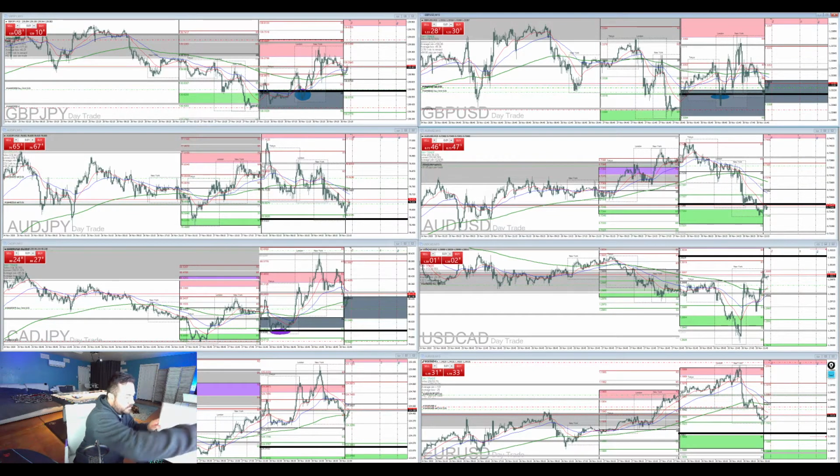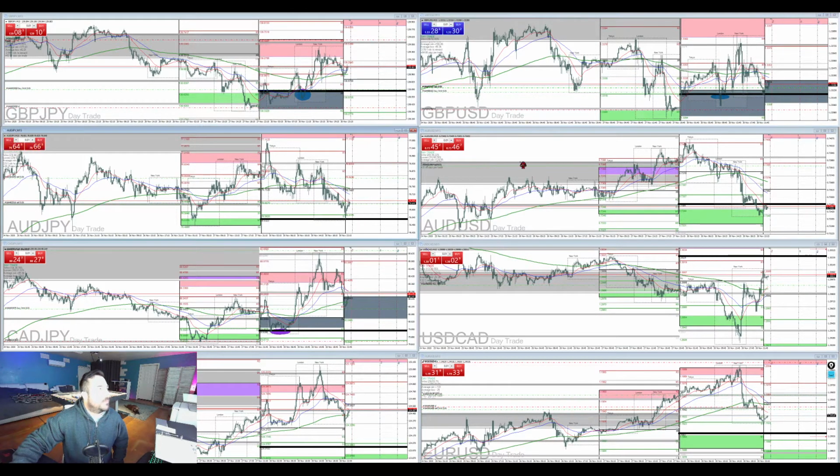And I only have one current day trade on right now. That's the pound dollar. Okay, so let's see here. Any other trade setups that I have that I need to place orders on? This is going to be interesting right here.